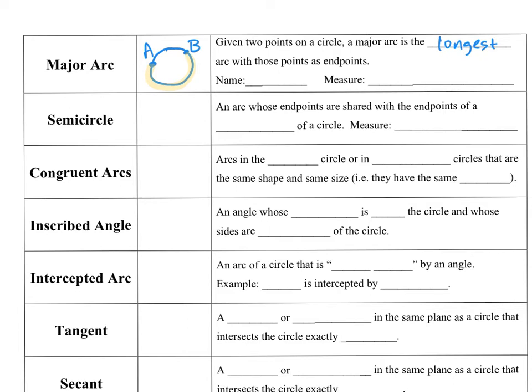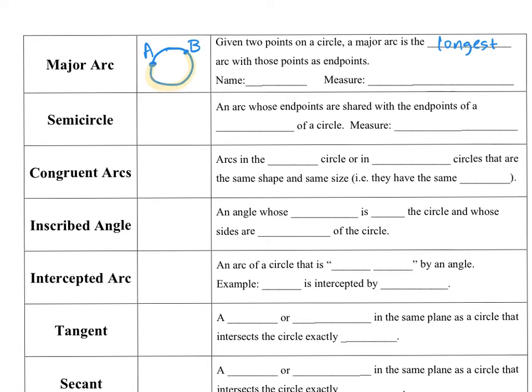of the circumference. Now, when you go to name an arc, I can't call this major arc arc AB, because arc AB would be the name of the minor arc. So whenever you name a major arc, you have to use a third point.